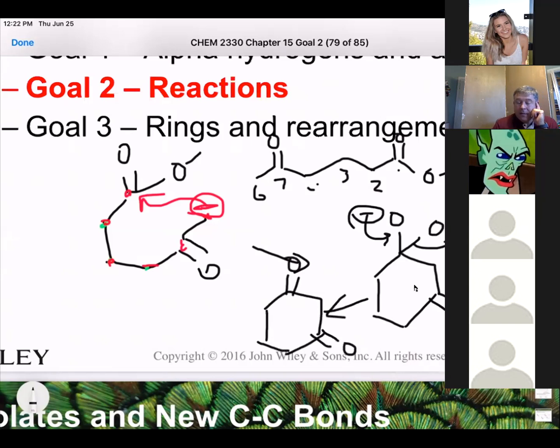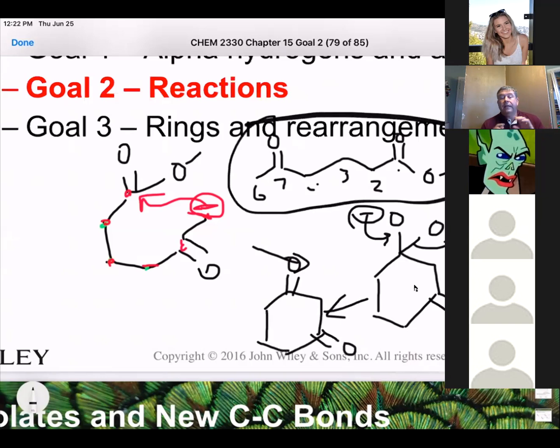So we can take any structure and figure out exactly which ring size is going to be majorly formed by looking at that intermediate. If the intermediate can form a 5 or 6-membered ring, that is the ring it's going to form. All right, questions on that?